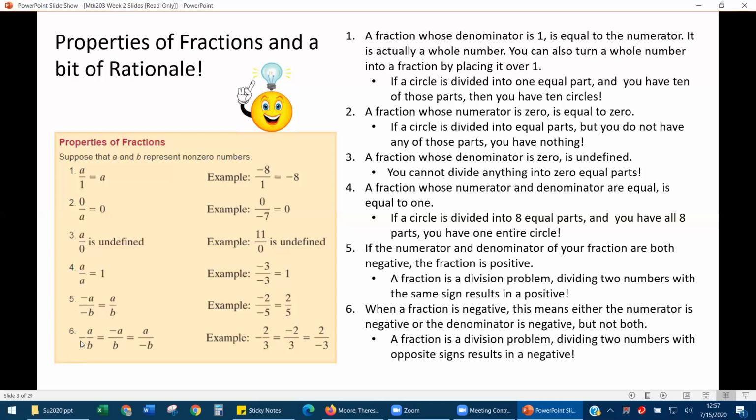If the fraction is negative, the negative sign can be associated either with the numerator or the denominator, right? It can't be both because then it would be positive. So if your fraction is negative, this negative sign either goes with the top or with the bottom. So what we usually do is leave the negative out front and understand that it is either the top or the bottom part that is negative, but not both.